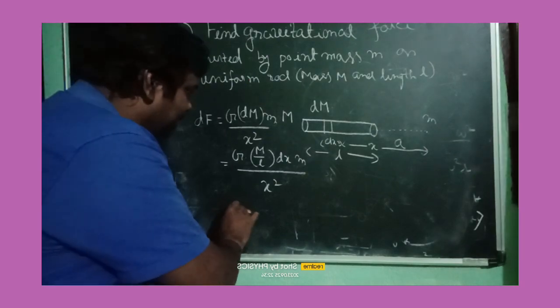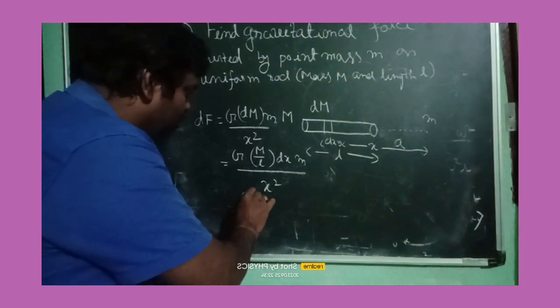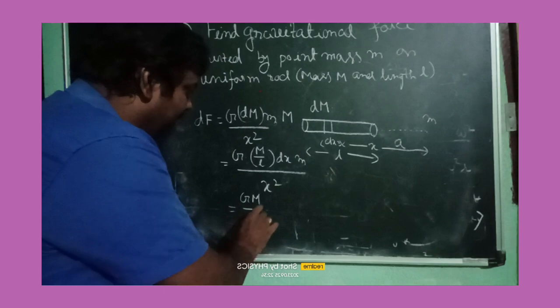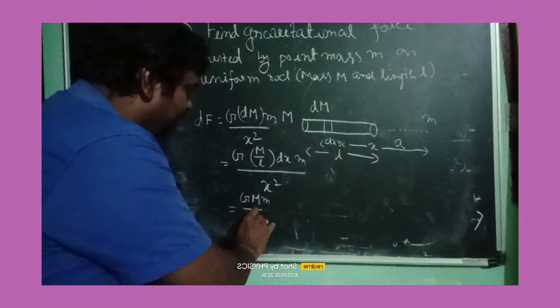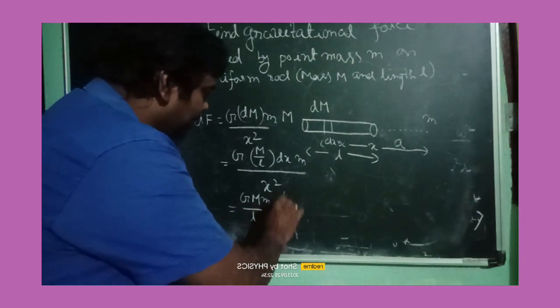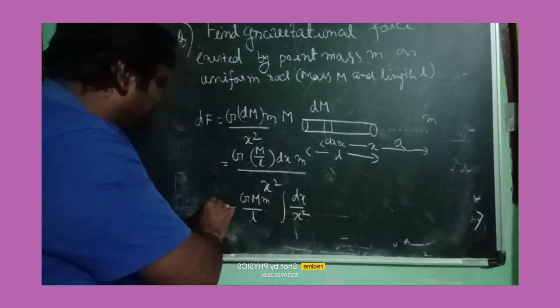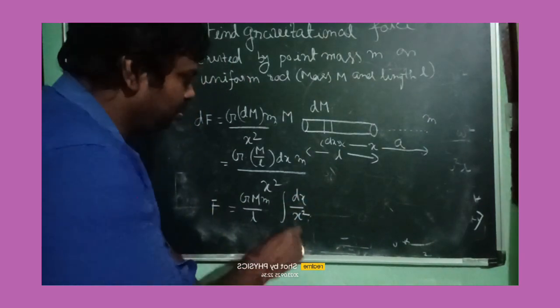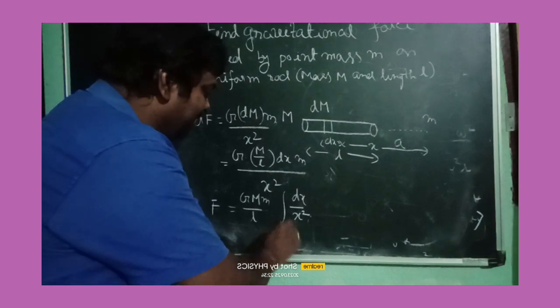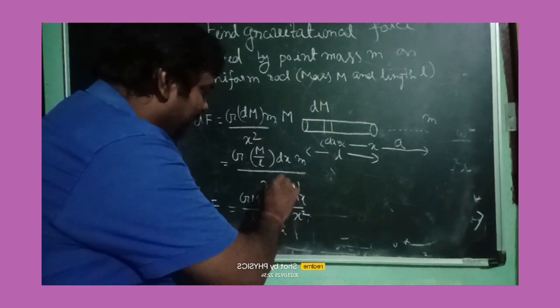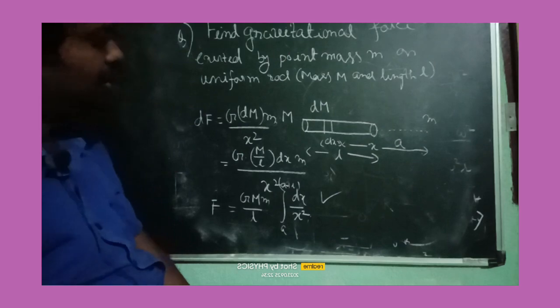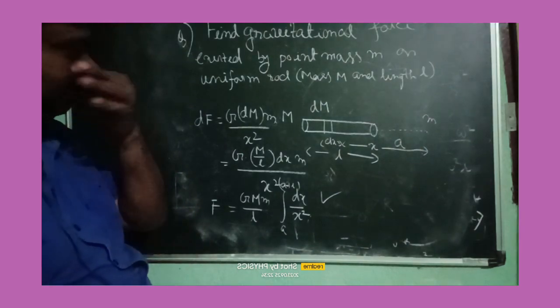That is equal to G into capital M small m by l, integrating dx by x square. F is equal to the integral from a to a plus l. We will get the result. Okay students.